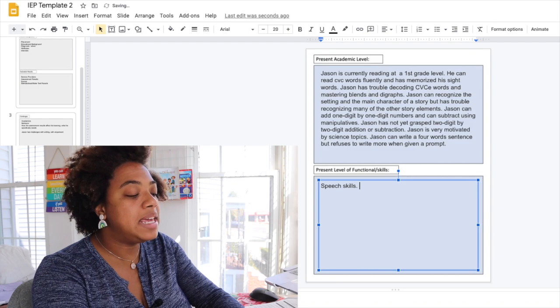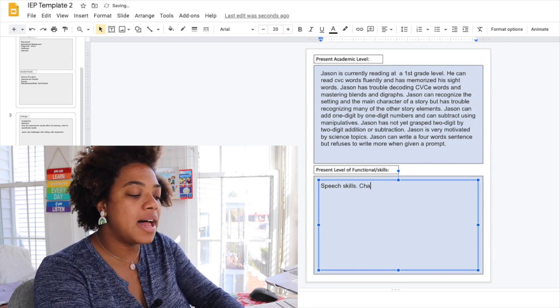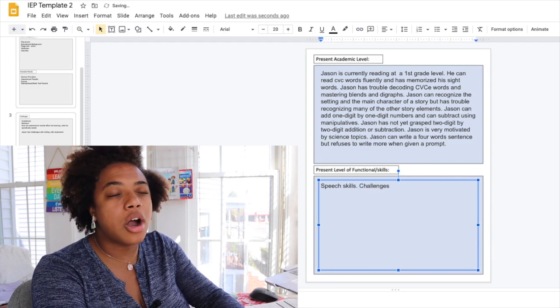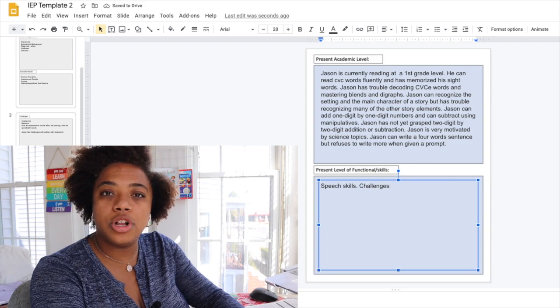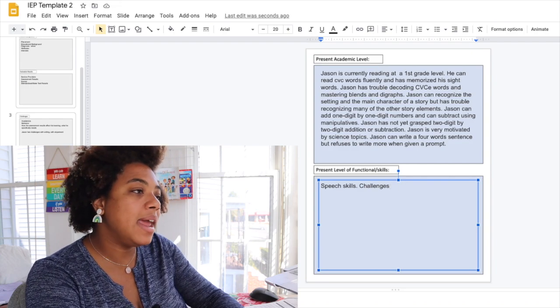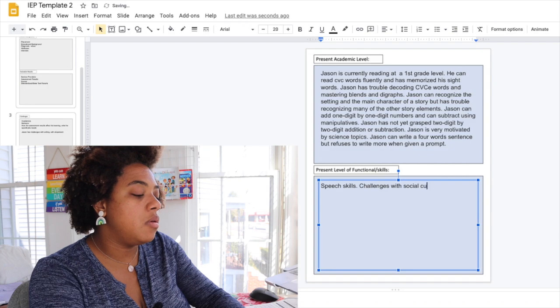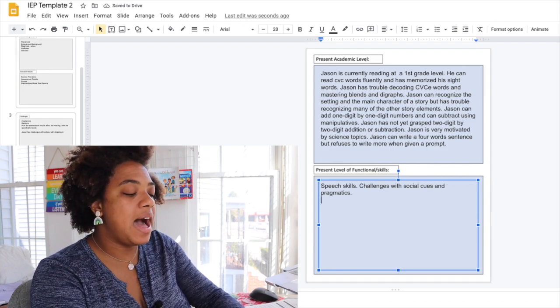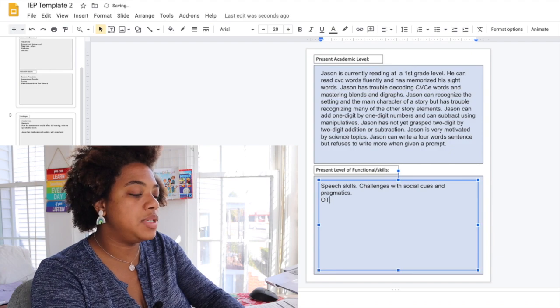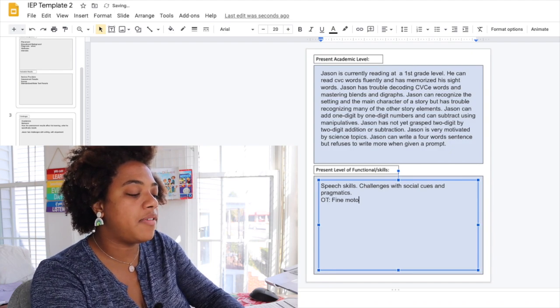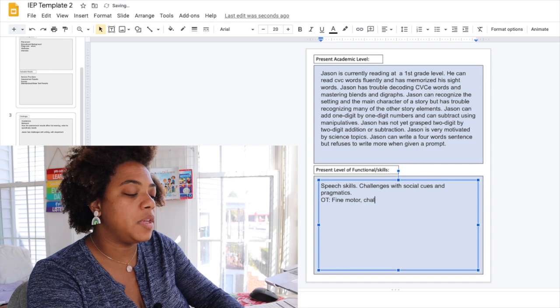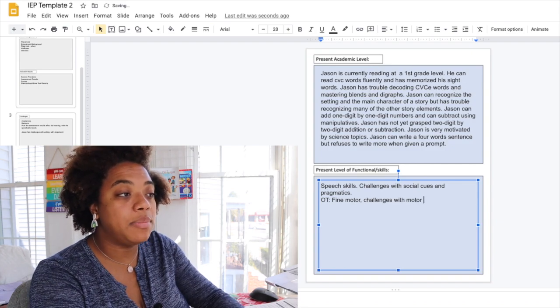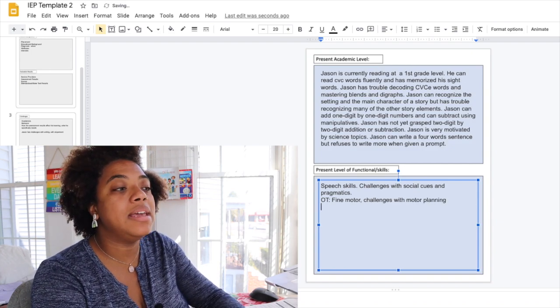For him, he's pretty verbal, but his challenges in speech are more about social cues and pragmatics. I would include that, and when it comes to OT, talk about fine motor challenges with motor planning because of the writing piece.